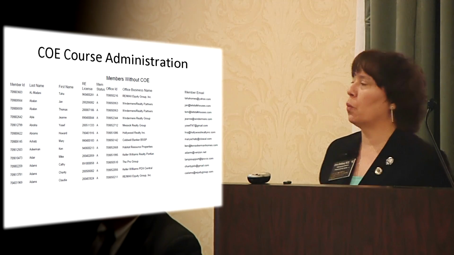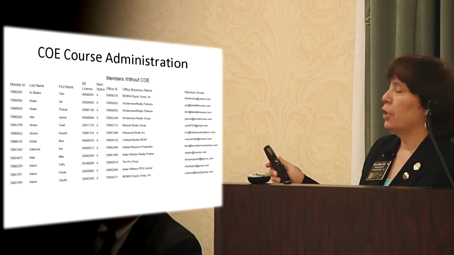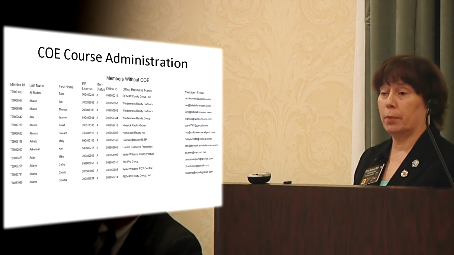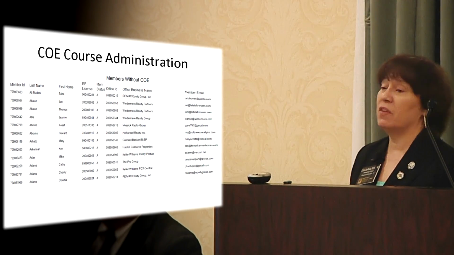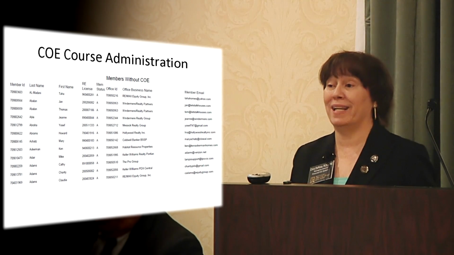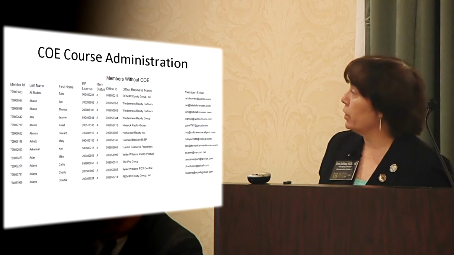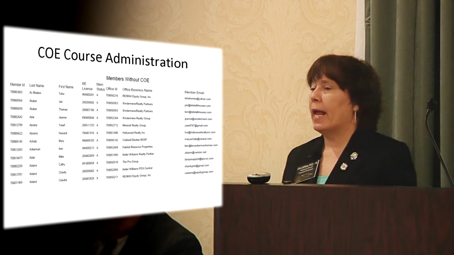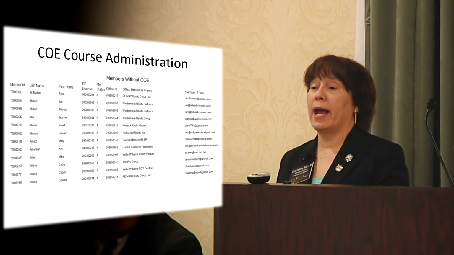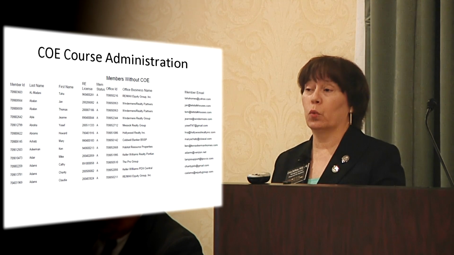So the system will grab those folks, and you can either run this as a report and pull it up on your screen, print it, PDF it, or you can save it as a CSV file so you can open it in Excel. And what you'll see, here's an example of members without. So it has looked at your active, provisional, suspended, Realtor Associates education record.